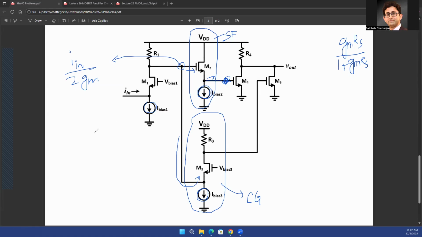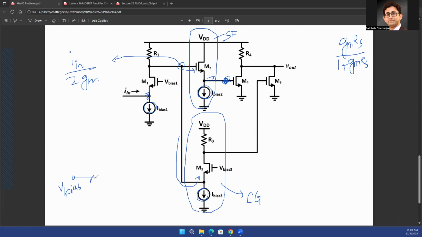There are some other advantages as well for current-based biasing. One advantage is that if you use a voltage, let's say I want to have a voltage V bias provided at my gate, or at the source, or wherever you want to provide the bias, the problem with V bias is that at every terminal there are some parasitic resistances and parasitic capacitances, which will hurt the performance of the circuit.